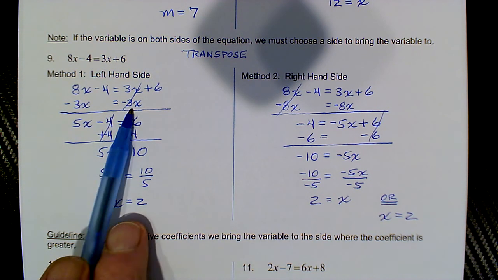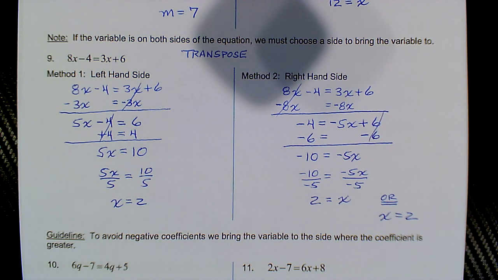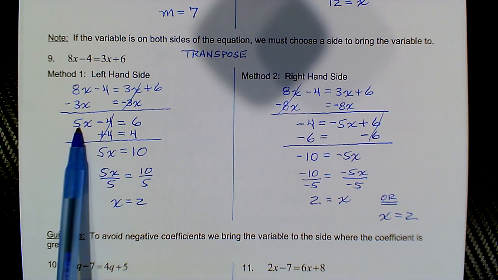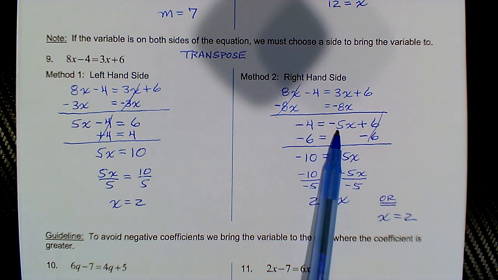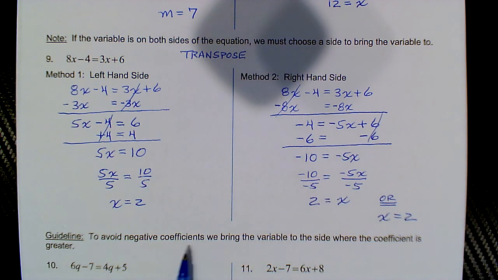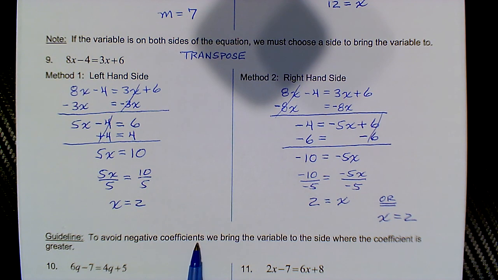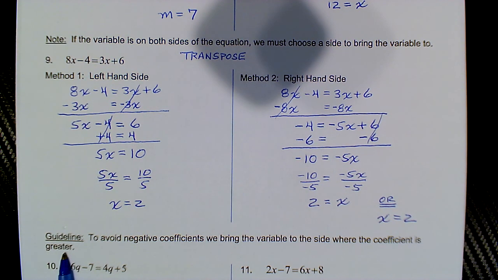Notice how when we brought it to the left in this example, the resulting coefficient was positive, and when we brought the variable to the right in this example, the resulting coefficient is negative. So the guideline is to avoid negative coefficients, because that's often where mistakes in algebra come from, just careless negative sign errors. We bring the variable to the side where the coefficient is greater.